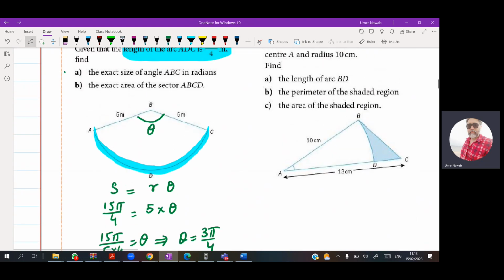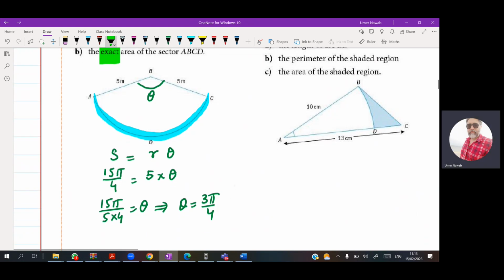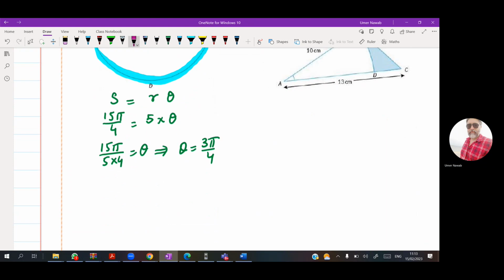One part is done. Second thing is find the exact area. Guys, if the examiner uses this word exact, it means don't write your answer in decimals. You need to keep the answer in surd form, radical form or pi form. Find the exact area of the sector. Area equals half r squared theta.